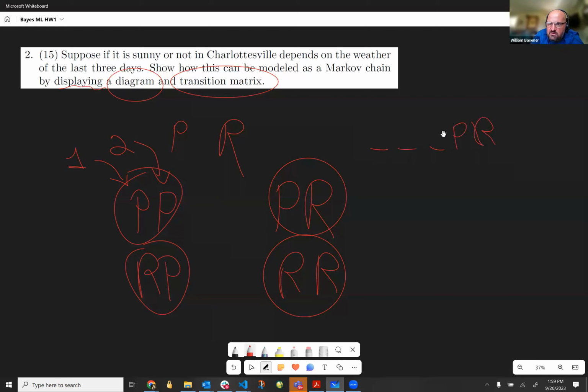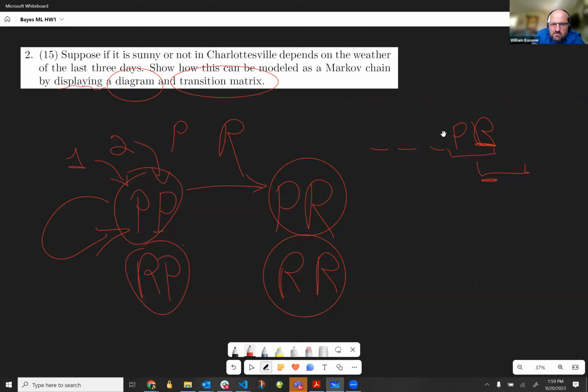The next state is going to be like here. So whatever is the second letter in the previous state has to be the first spot in the next state. So this one has a P in it. So the next play, if it's a run, would transition to PR. And if the next play is a pass, this would be the transition to itself.